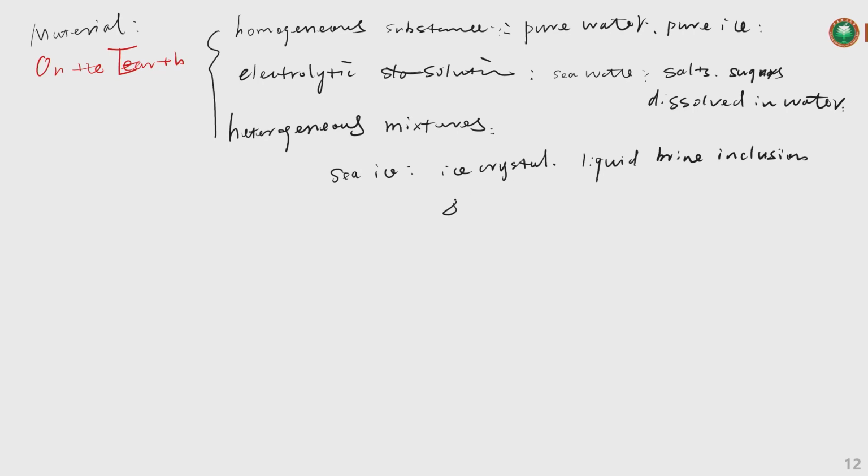For ice, it has ice crystals, sometimes it has water inclusions, and also, for ice, it rarely has air pockets, right? And sometimes has air inside.